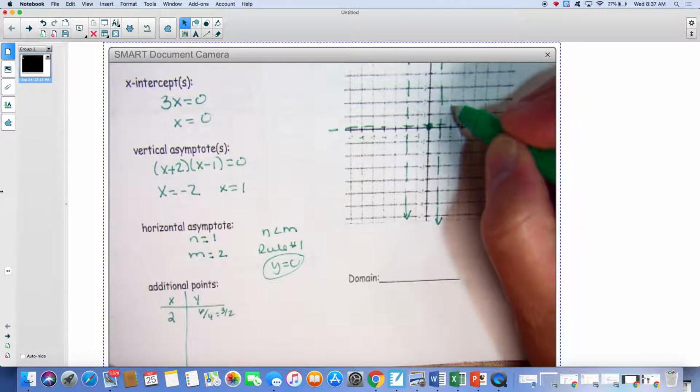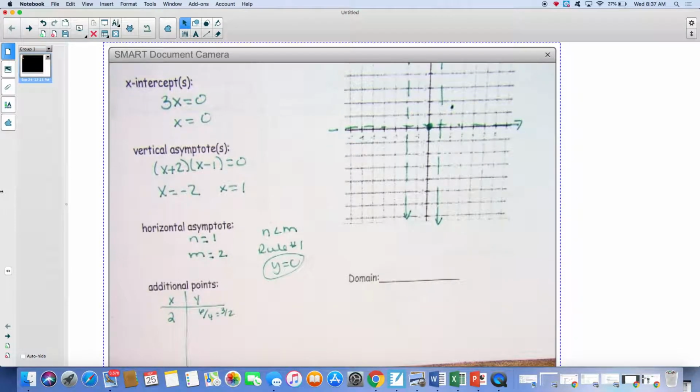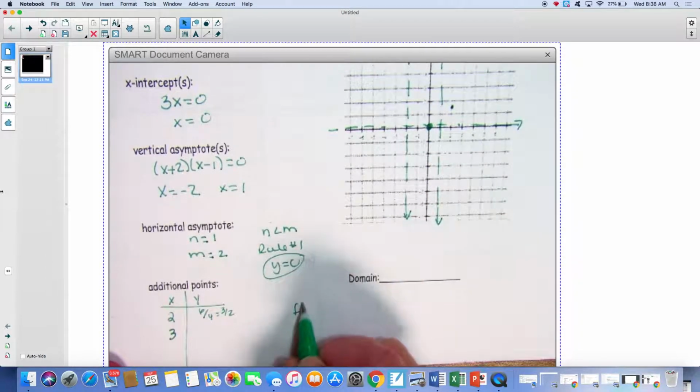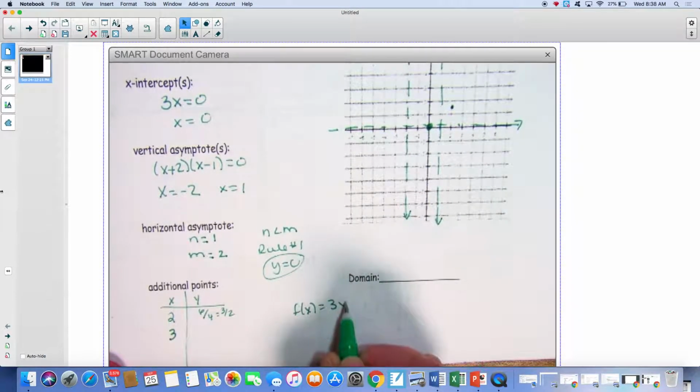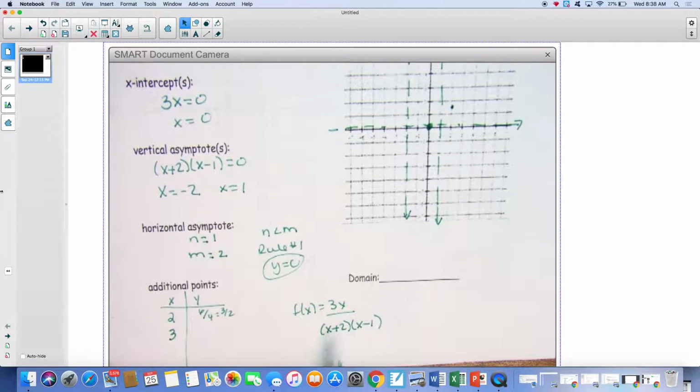So that's 1 1/2. Let's get another point on that side. Let's do 3. And I'm using this one here. So when I plug in 3, what's 3 times 3? 9. So I get 9 over 10.